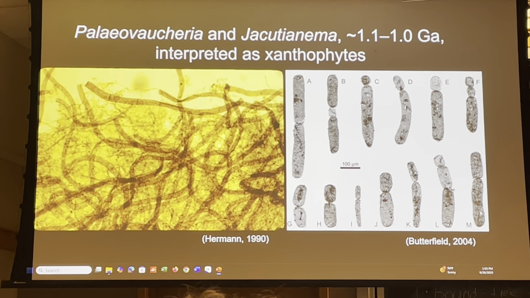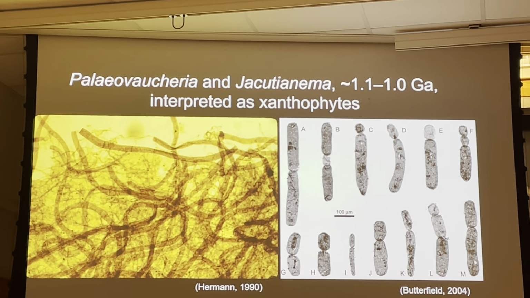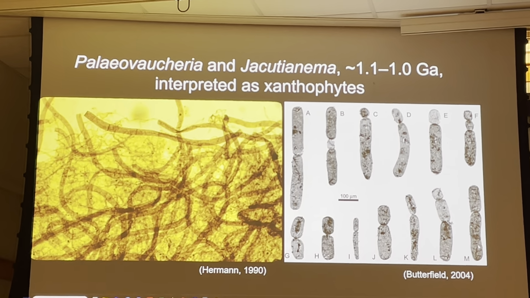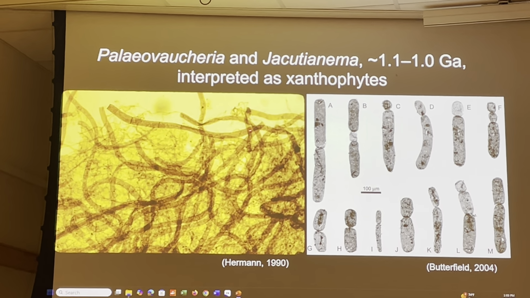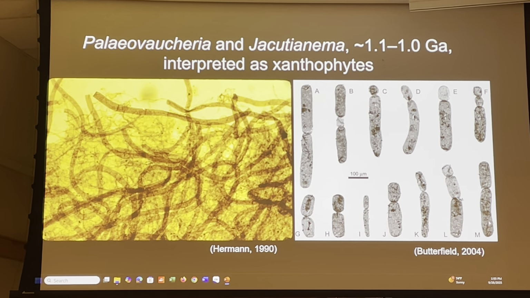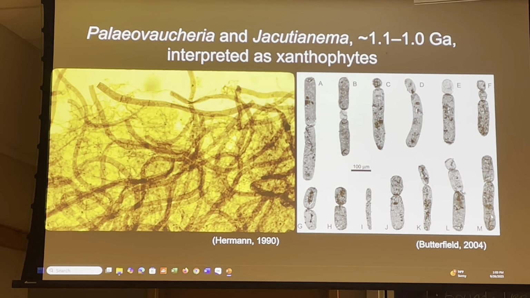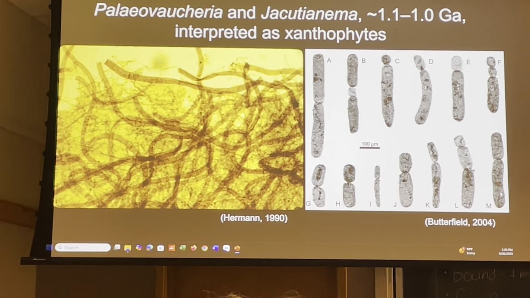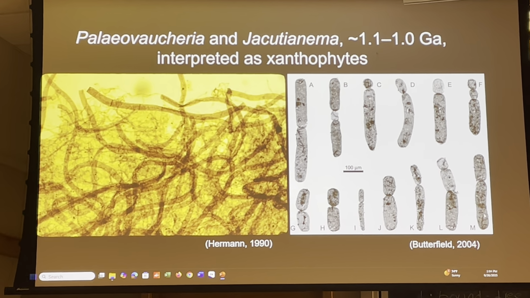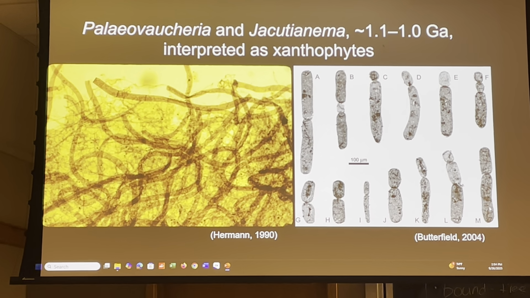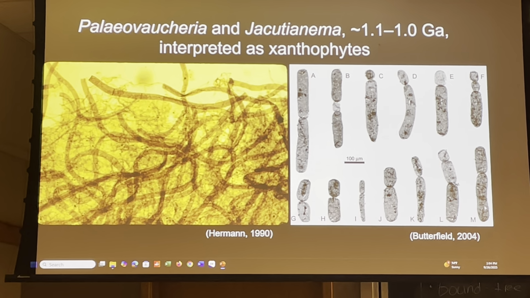Here's one example that was published by Herman, 1990, a long time ago, and Nick Butterfield, 2004. What they're arguing is that this filamentous structure is a tubular structure. At one end of the tube, you begin to have some transverse subdivision that is interpreted as reproductive structure. So when they're ready to produce spores, they separate part of the tubular cell into a compartment where they produce spores, usually at the end of the filament or tube.